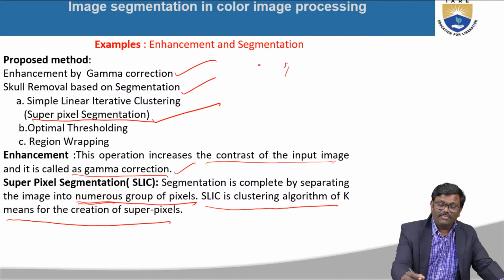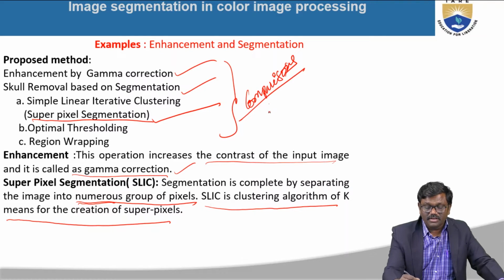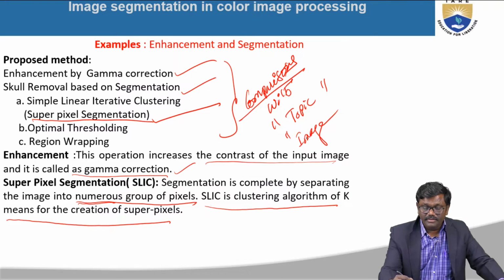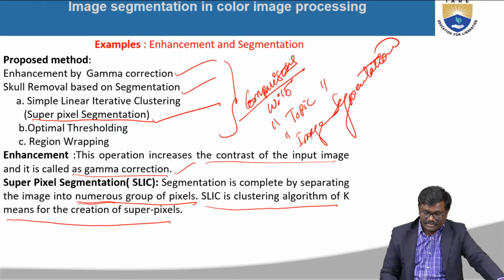So this process will help in comparison, how your comparison works with the segmentation model, and how your concept relates to your topic. Your topic here is image segmentation. So that you are going to understand.